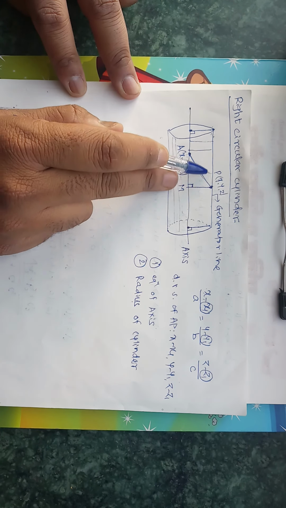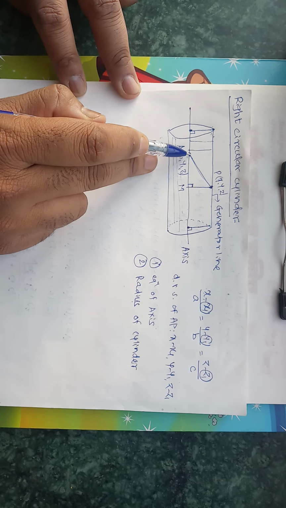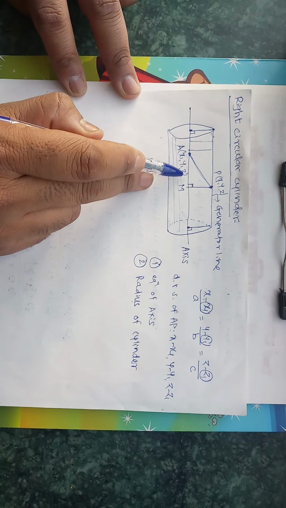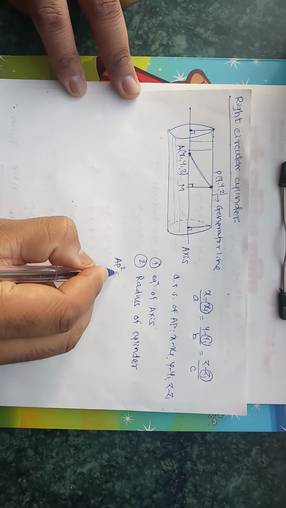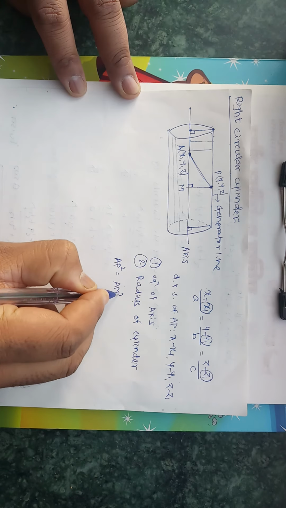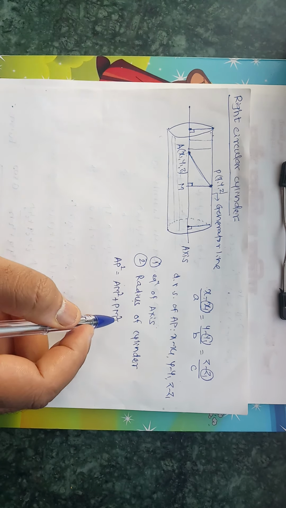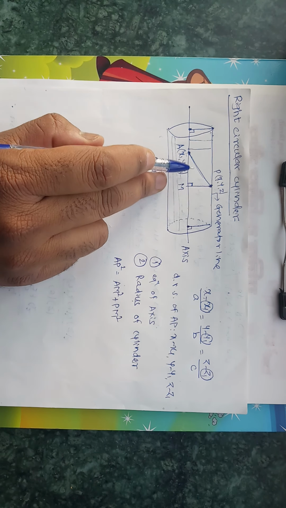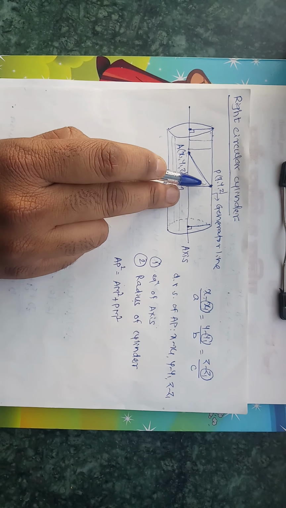So what is the Pythagoras theorem for this right angle triangle AMP? Yes, AP square is equal to AM square plus PM square. As soon as you complete a right angle triangle in the right circular cylinder, you have to use the Pythagoras theorem.